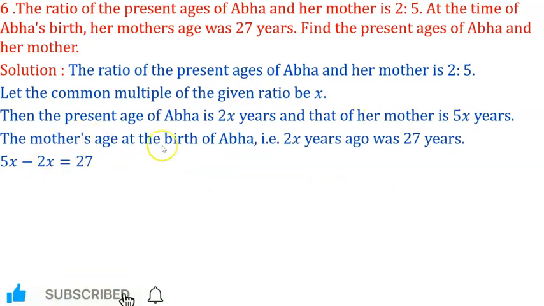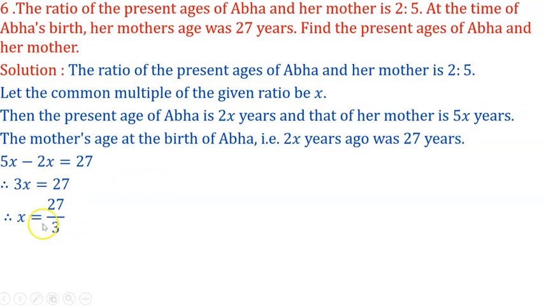The mother's age at the birth of Abha, that is 2x years ago, was 27 years, and hence by the given condition we subtract Abha's age from her mother's age, that is 5x minus 2x is equal to 27. You will get 3x is equal to 27, therefore x is equal to 27 upon 3, therefore x is equal to 9.